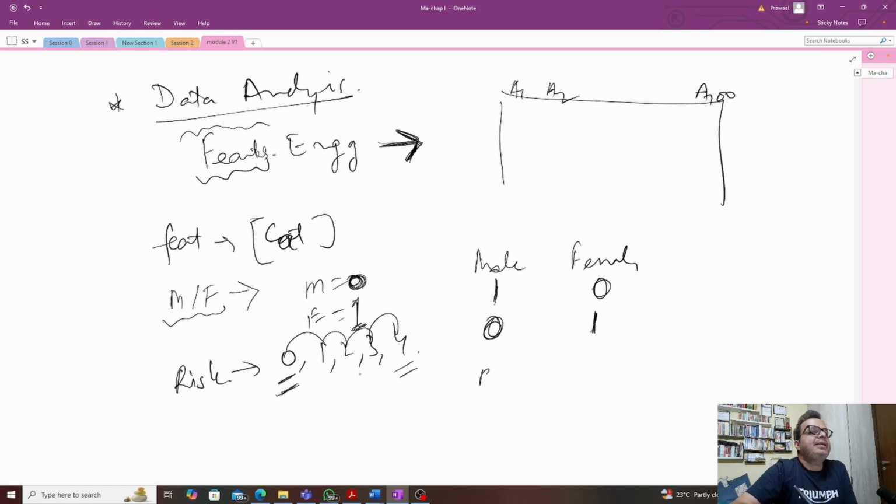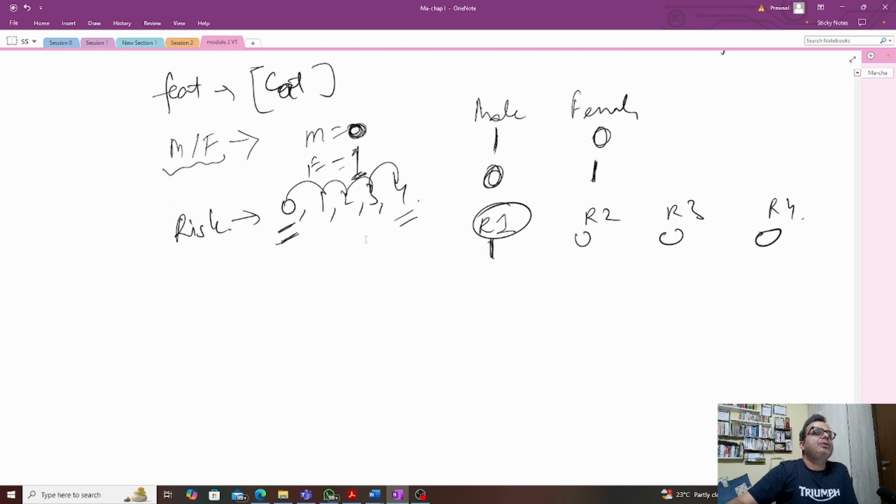So we generally say, okay, is it category 1, is it category 2, 3 or 4, and all of them can only take values 0 or 1. If it is 1, all of the others will be 0, and that implies that this person is of the first category. That's how feature engineering happens in most of the scenarios.